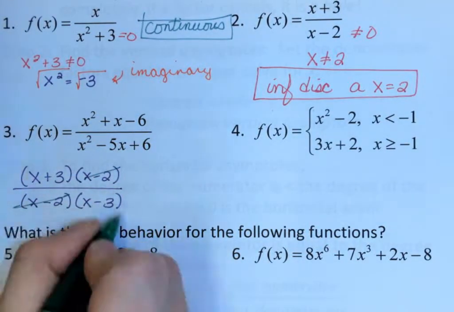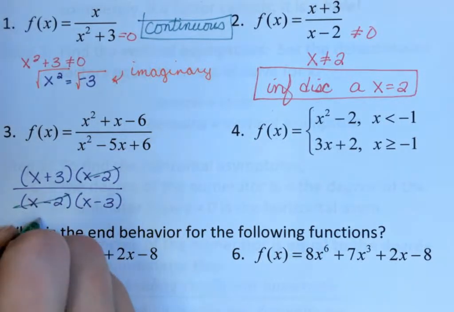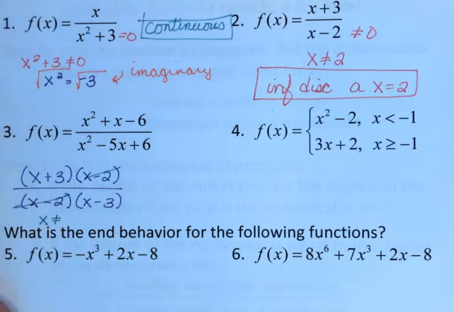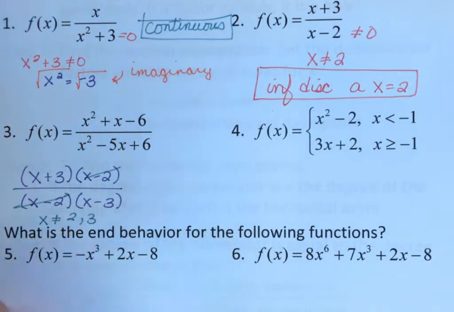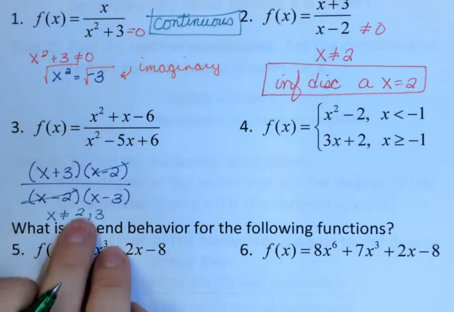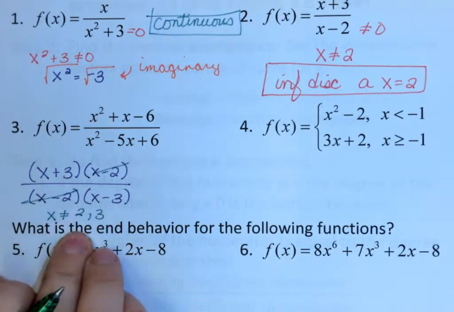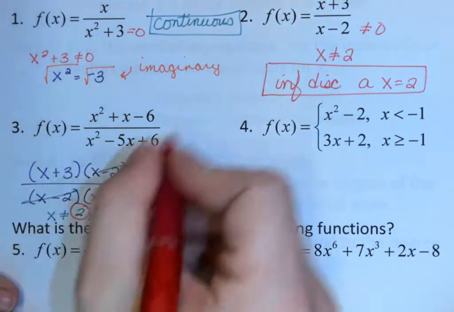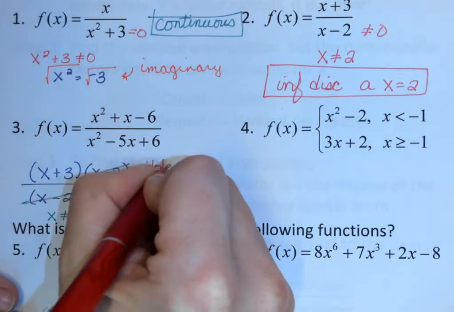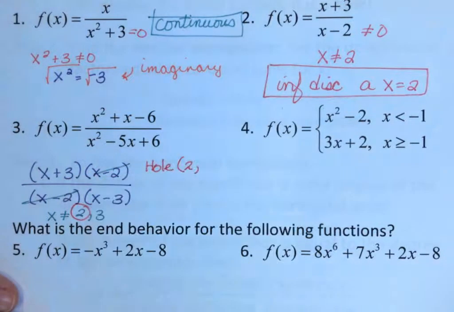But if I think about this, my restrictions would say that x could not be equal to what? 2 or 3. So that's my domain restrictions. Each one of those has to be some sort of a discontinuity. If it cancels out, what is it? It is a hole. So that means which one canceled out? The 2. So that means I'm going to have a hole at 2 for my x.